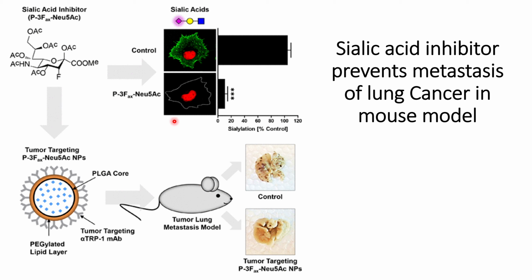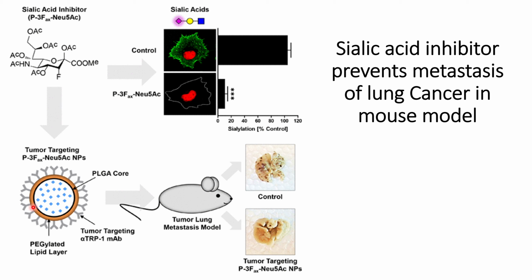And next, after the successful results they got from the cell culture medium, they injected this sialic acid inhibitor into the tumor lung metastasis model of the mice. Some of the descriptions of the sialic acid inhibitor are shown here.